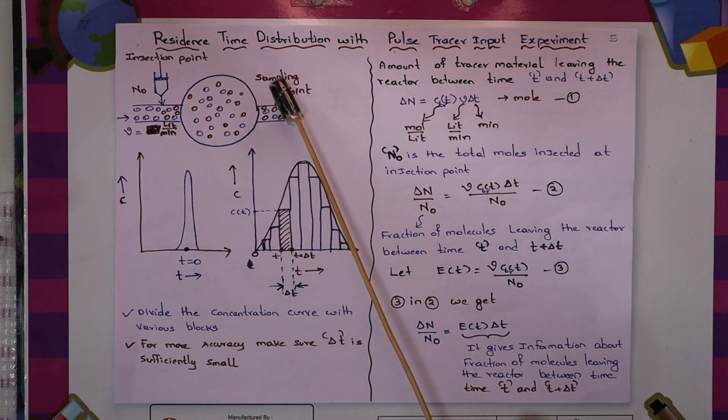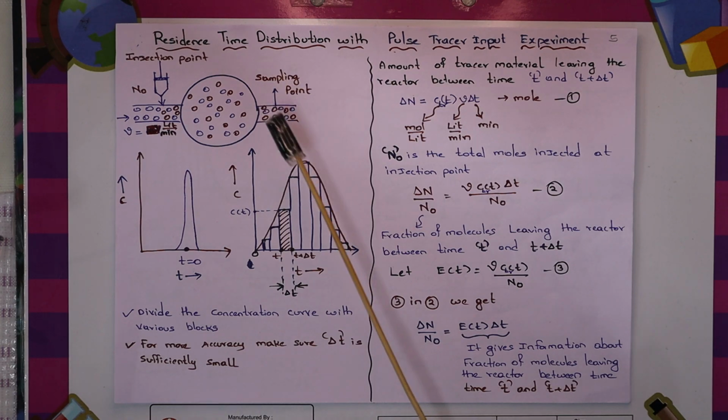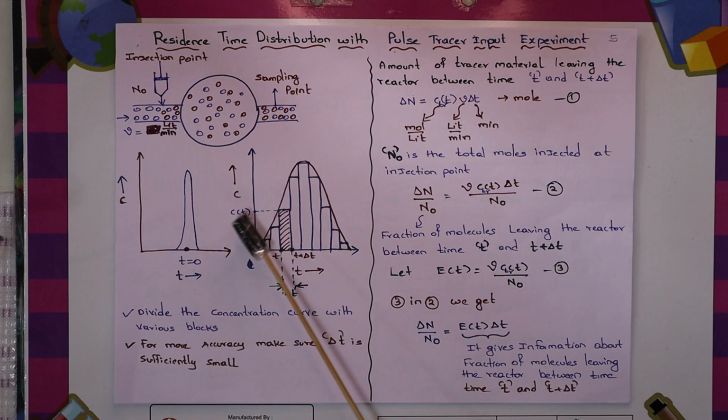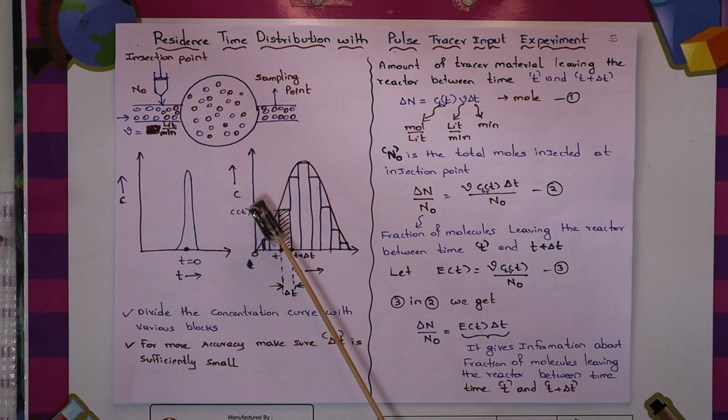At this exit point, you take out samples at different intervals of time. In the majority of cases, the tracer curve looks like this. At time t equal to 0, there is no concentration of molecules at the exit. At time t, a certain concentration of molecules is coming out.